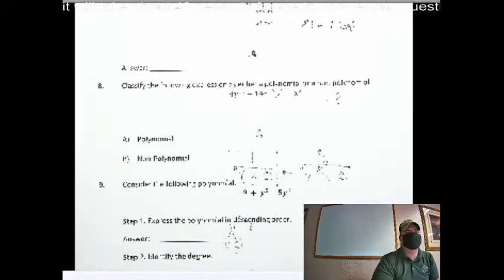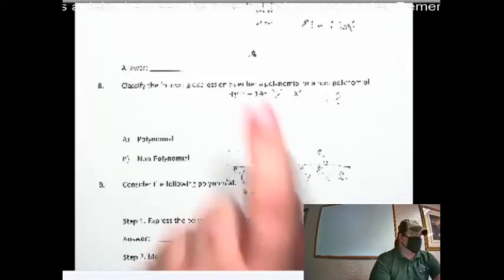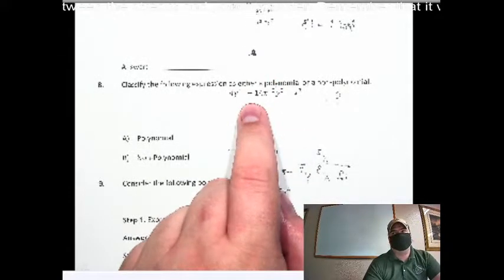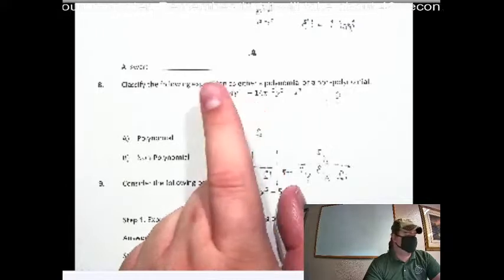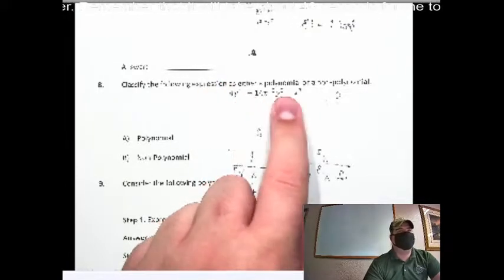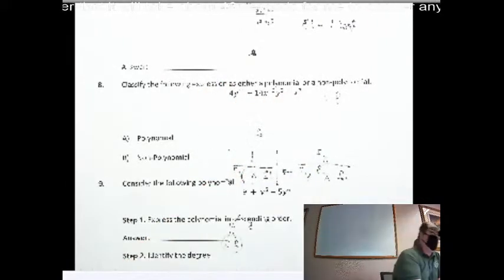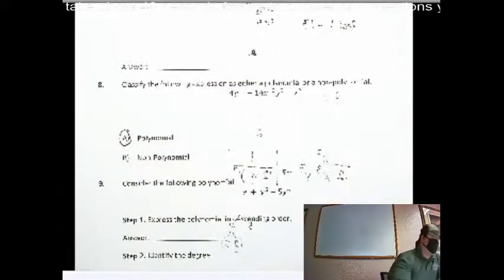And terms mean they have different things, like x or y, or even x squared versus x. Things that cannot be added. They're not like terms. So the thing to look for in a polynomial is, do we have addition and subtraction? So do we have addition or subtraction here? Yeah, it's right there. We have add and we have subtract. Easily, this is a polynomial.